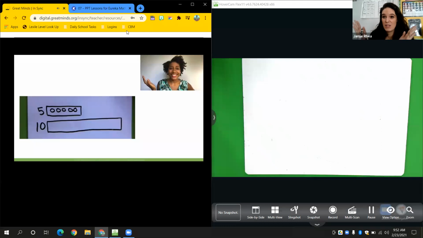Because we needed it to be a lot more than 5. We had 10. We drew it twice as long because we know 10 is twice as long as 5. Can you imagine the 10 dots that would fit in there? As we're drawing our tape diagrams today, keep in mind how long you're drawing your rectangles. Let's get started with our lesson.